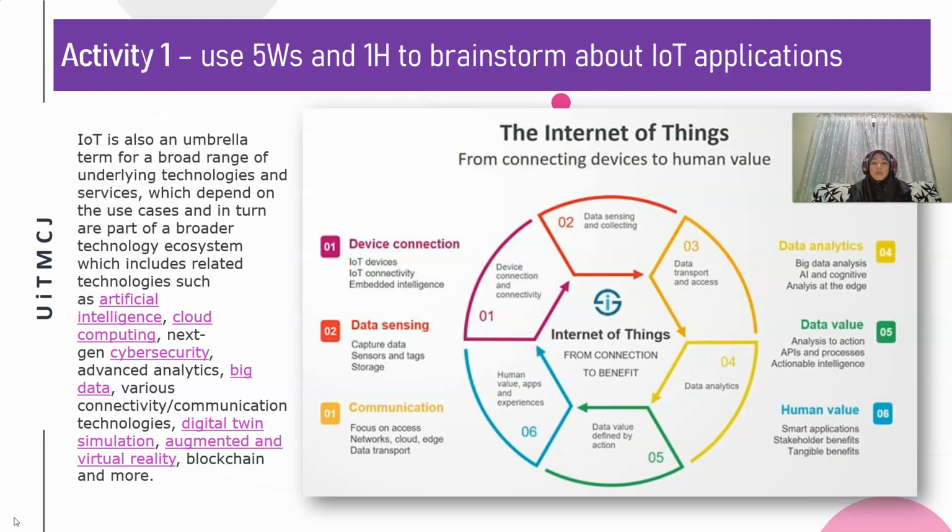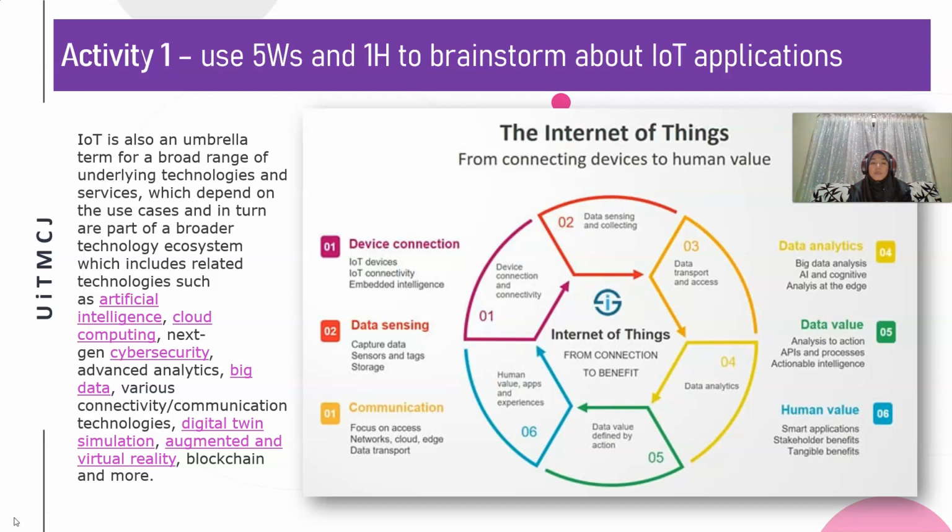And then you can sense, for example, human interaction, or you want to know about transportation data, or food and beverages, and so on. So the basic concept of IoT is the usage of the internet to communicate.